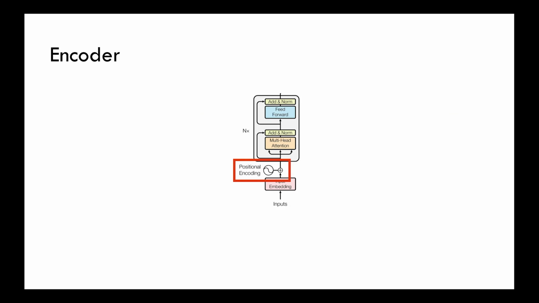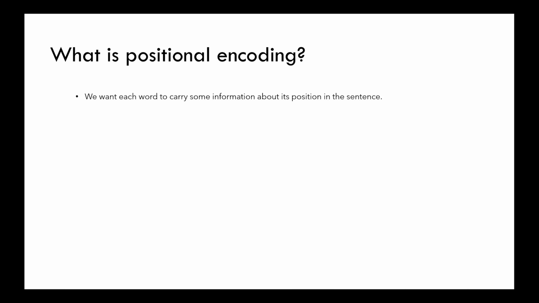Let's see what happens at the positional encoding layer. What is positional encoding? We want each of the words that we feed to this transformer to carry some information about its position in the sentence. When we constructed the input matrix, each word is represented by a vector, but this vector doesn't carry any information about where that particular word is in the sentence.